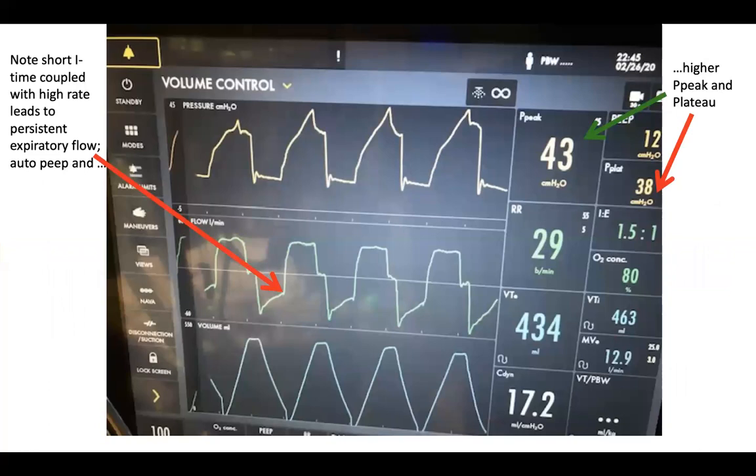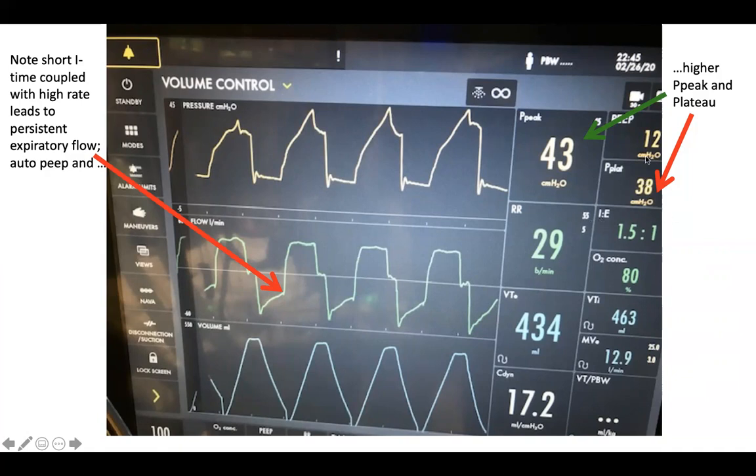Shown here is a volume control mode. Shown in the green is the flow pattern with that square flow and an end inspiratory pause shown here. In this mode, the patient is breathing at a rate of 29, and given a very significantly long total I time, the I time is much longer than the E time, and the I to E ratio in this case is inverted.